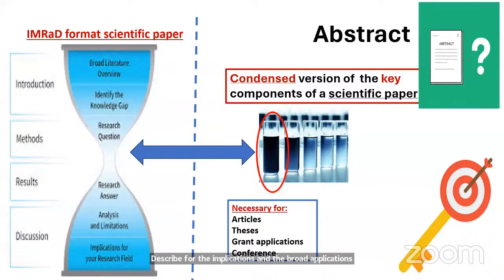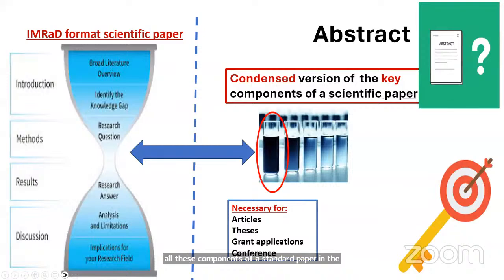If we take this as the basis, then the abstract is considered as a condensed version of the entire paper. Therefore, in simple terms, the abstract will comprise all these components of a standard paper in a condensed form.